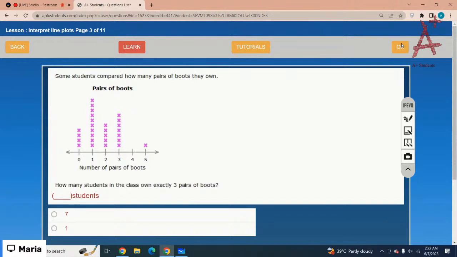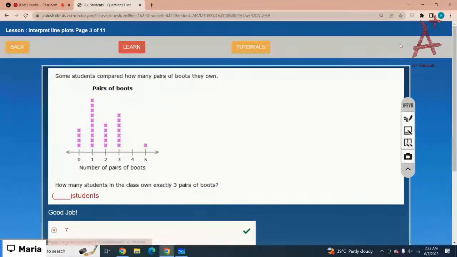Just count the crosses above three. Got it? It would be 1, 2, 3, 4, 5, 6, 7. That means seven people have exactly three pairs of boots. Got it?